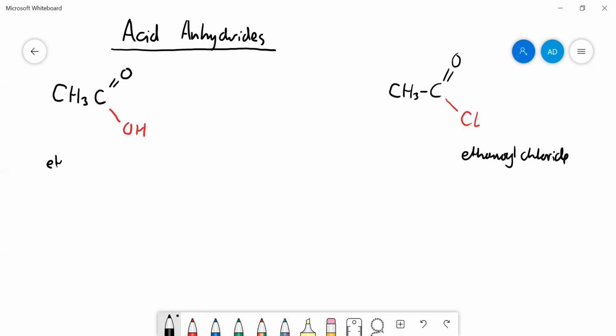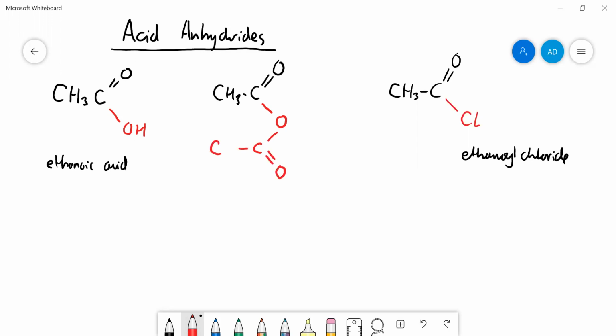This is ethanoic acid. And here we're going to have, right now, the bit that's stuck on here, it looks more complicated. Okay, so this one has got the OH group stuck onto it.